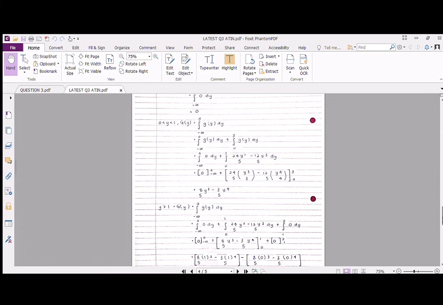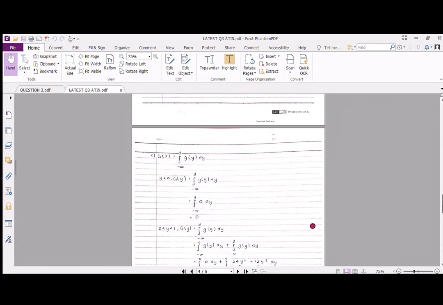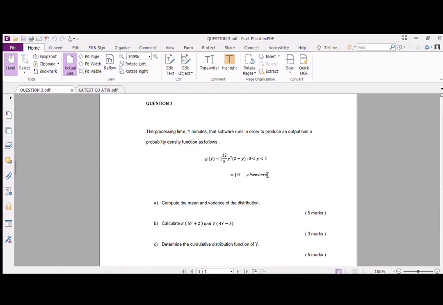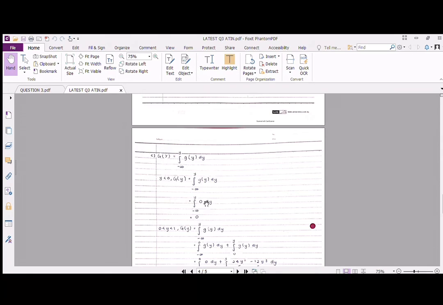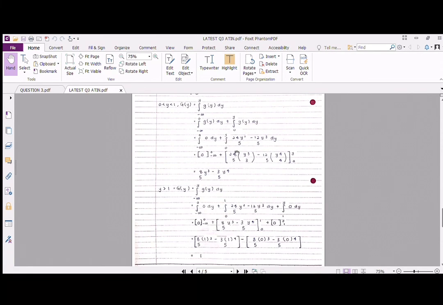After we separate it, we have to integrate based on the function. Here you take 0 because this is in this category, and when you integrate 0, you will get 0. Then for the next part, you integrate by separating into two parts, integrating in terms of y, and you will get this.